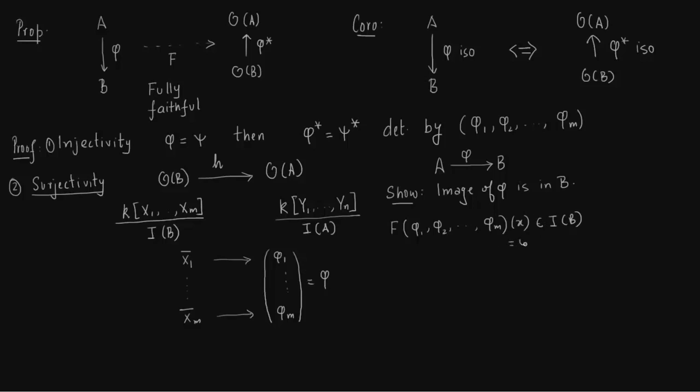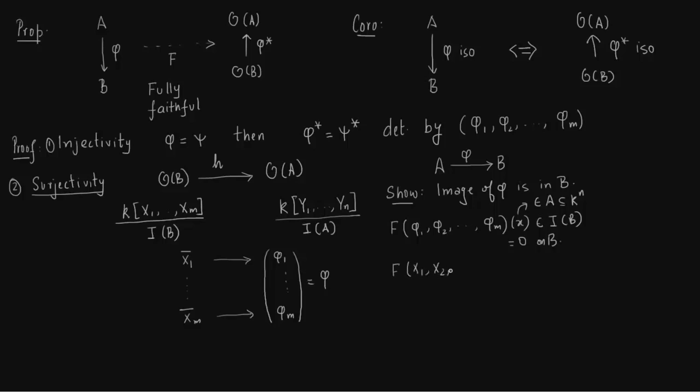Now x is a point in A. So if you have to show the image of phi is in B, you take a polynomial in the ideal of B, and that polynomial is evaluated at phi 1 through phi m at a point x lying in the algebraic set A. If it lies in the image of B, then this has to vanish on B.